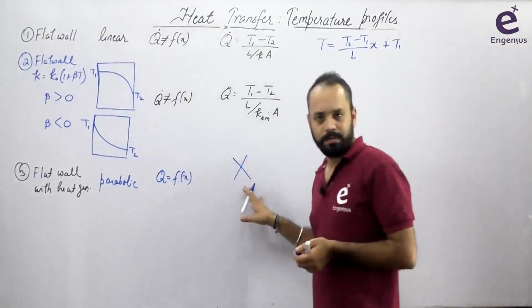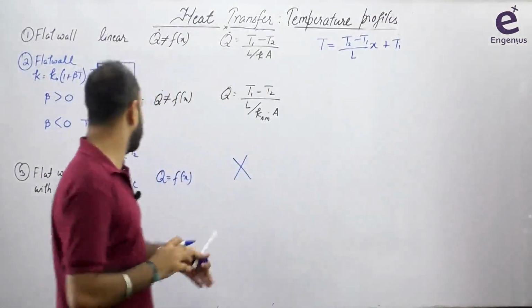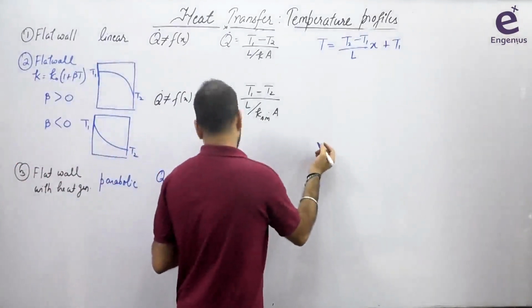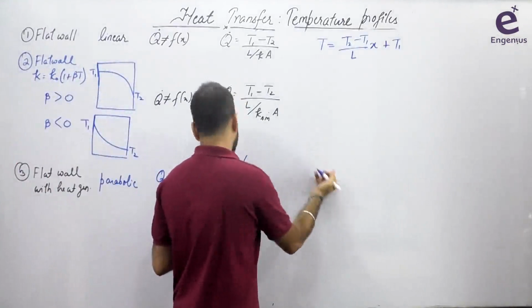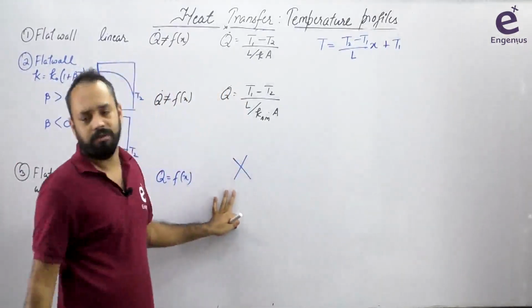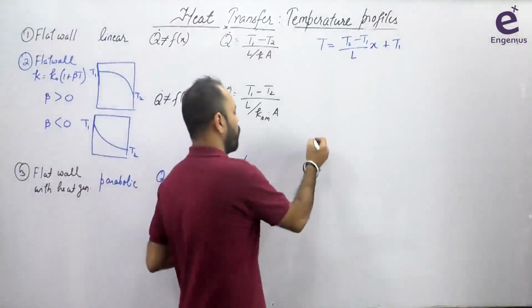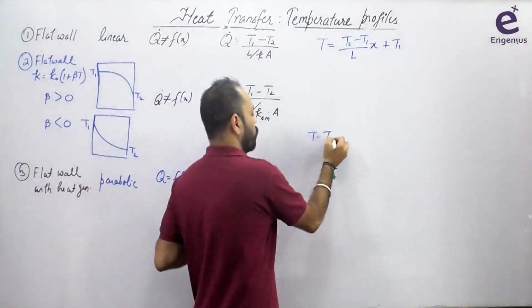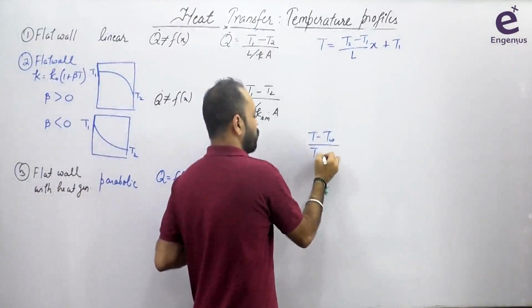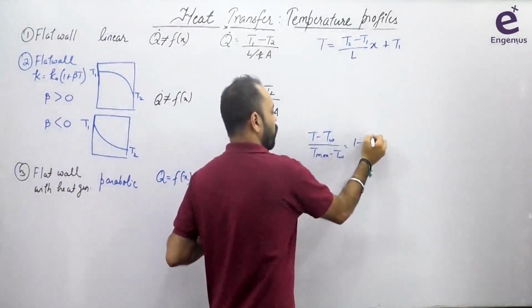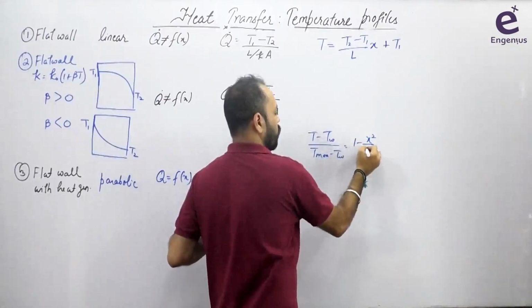I can't write here. Okay, what are the equations which you can remember here? I think the equation that is most important was the temperature profile, and then when we wrote the equation in the dimensionless form, I think it was T minus TW by T max minus TW is equal to 1 minus x square by L square, right?